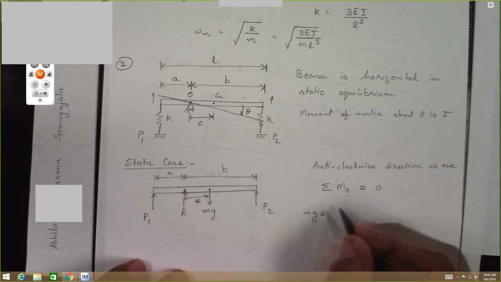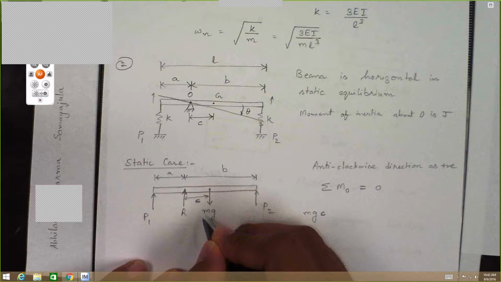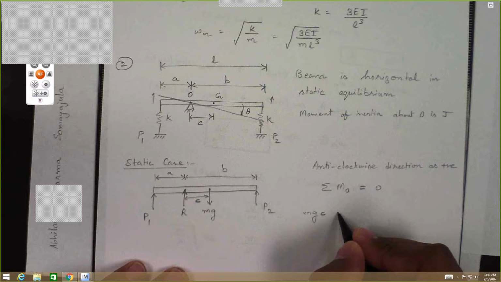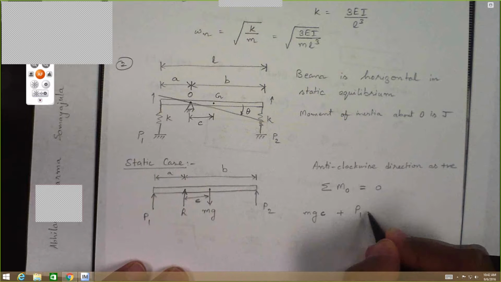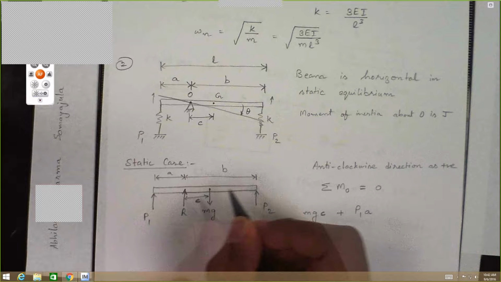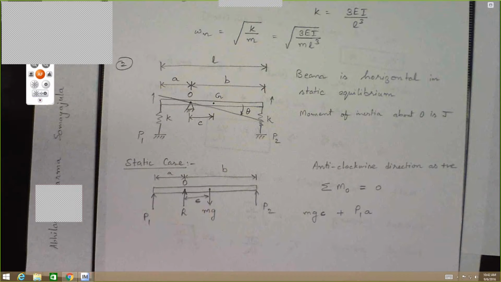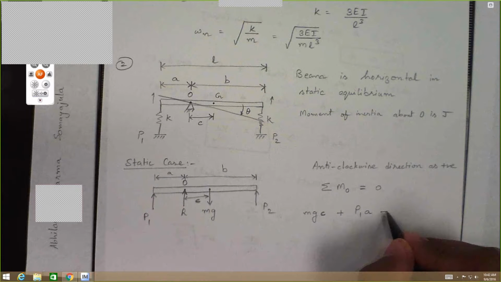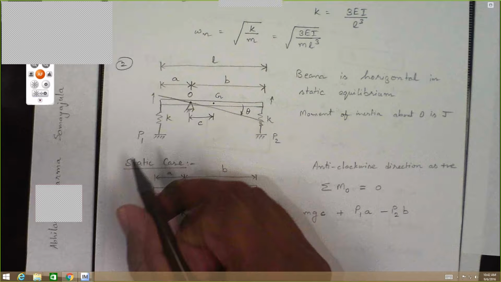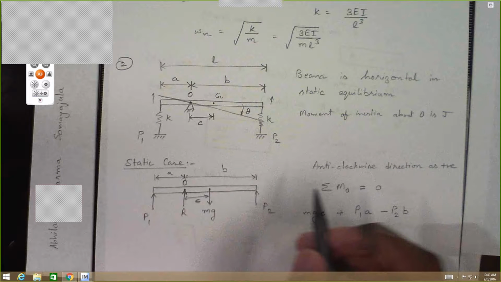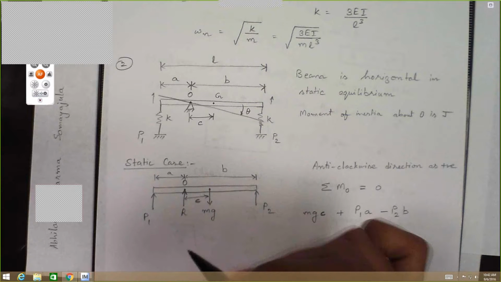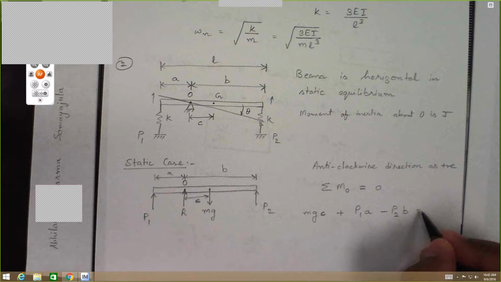So mg times c, which is anti-clockwise, results in an anti-clockwise moment. Then we have P1 times A, considering moments about this point O, minus P2 times B. Why minus? Because this has a clockwise direction. This will result in a clockwise moment. Okay, so this must be 0.